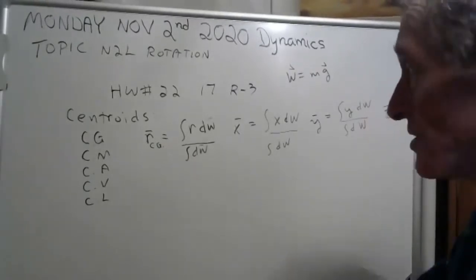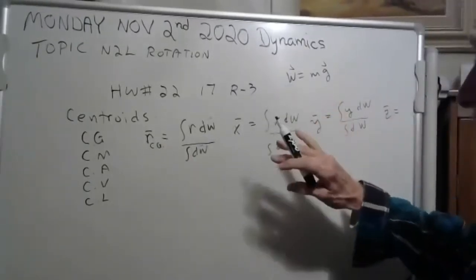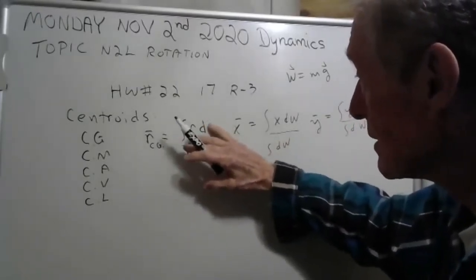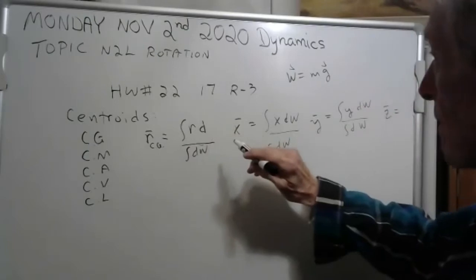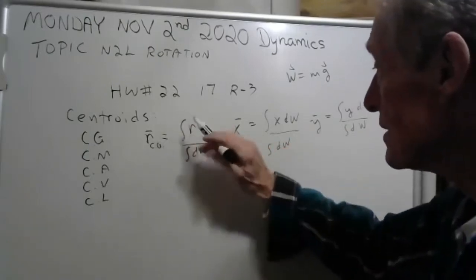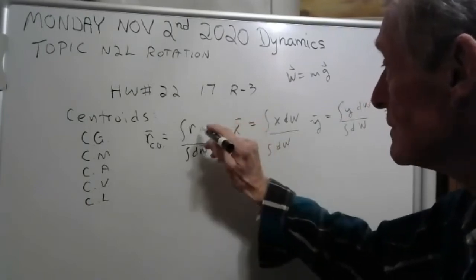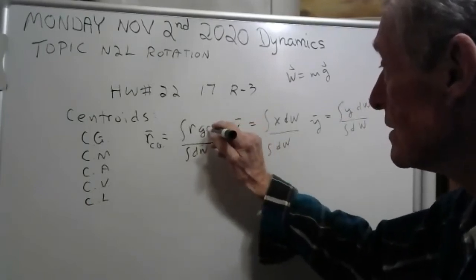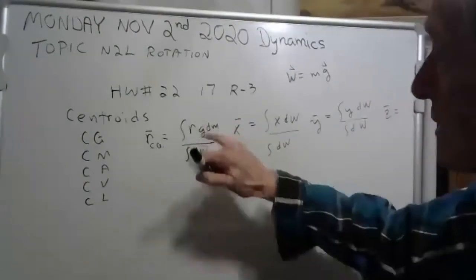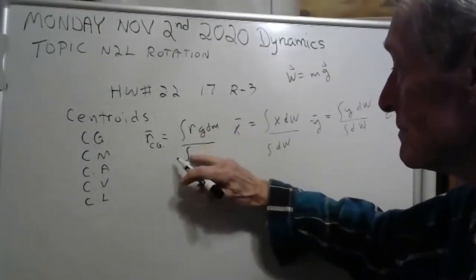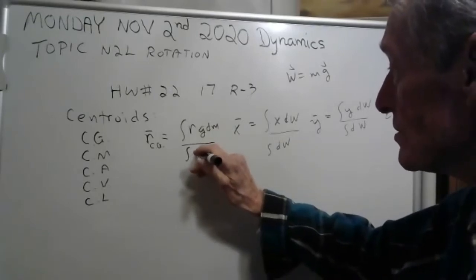Anyway, there's the center of gravity. Now, the center of mass, if these weights can be written as g dm, where you take a small amount of mass, and this could be written as g dm.